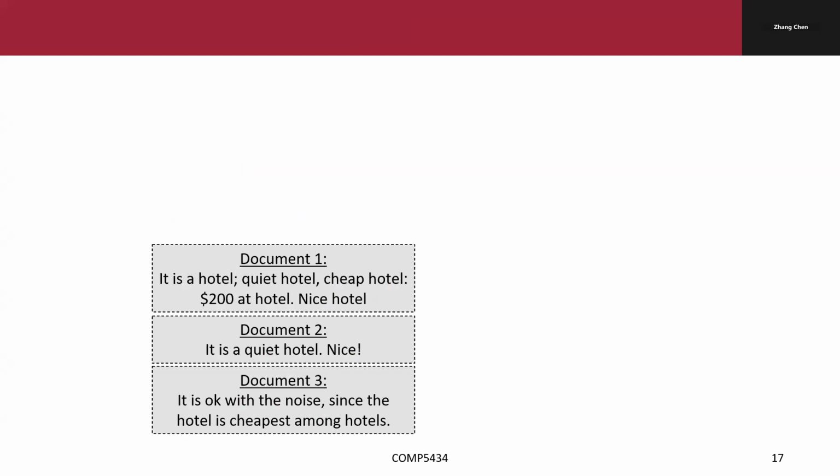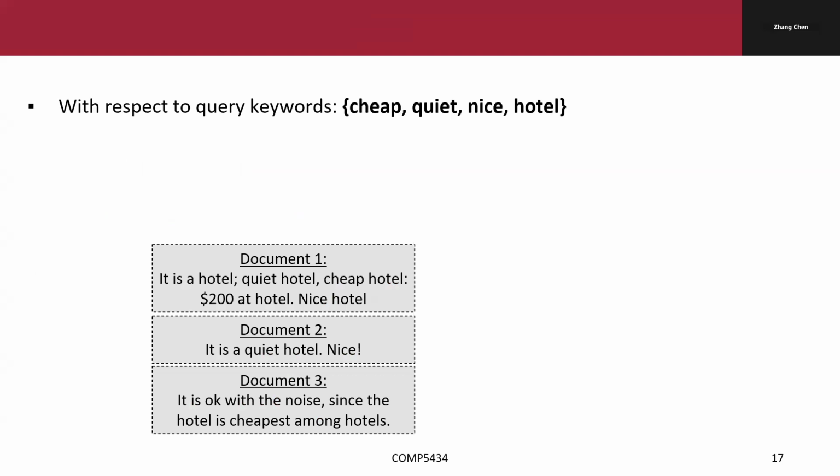Okay, we focus on identifying the most relevant document. Think about this question. How are we trying to find the most relevant document with those query keywords? For example, you are looking for a cheap, quiet, nice hotel, okay?